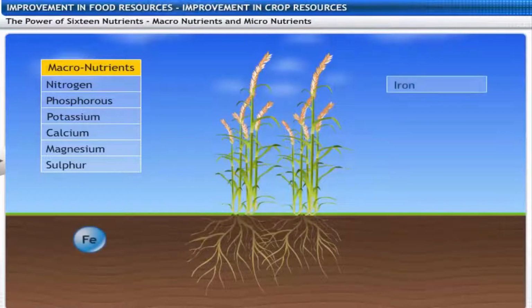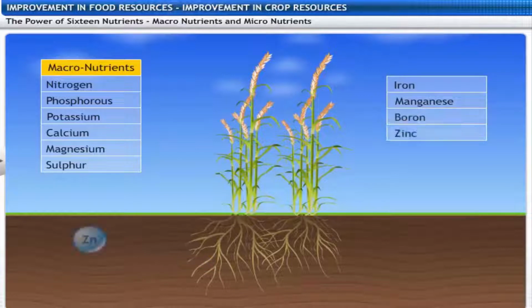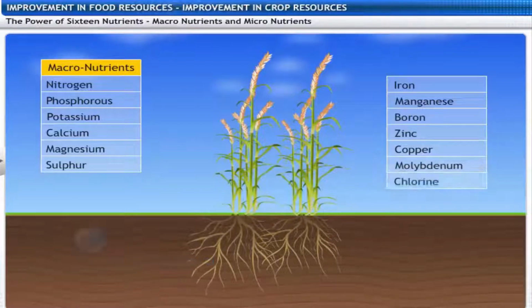The other 7 nutrients, such as iron, manganese, boron, zinc, copper, molybdenum, and chlorine, are used by plants in smaller quantities. These are called micronutrients.